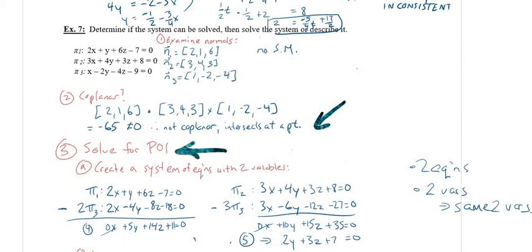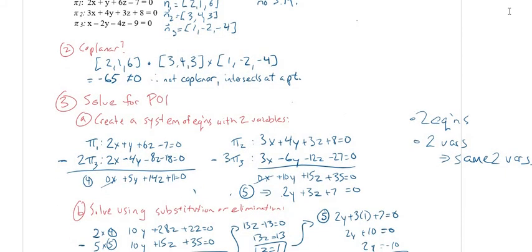Just like before, we're going to use elimination, but because we have to solve at a point, it looks a little bit different. But again, it's all based on elimination. So first thing, we're starting off with 3 equations with 3 variables.